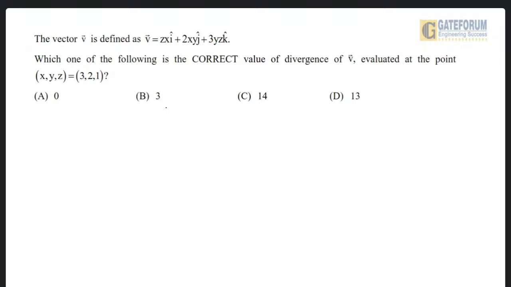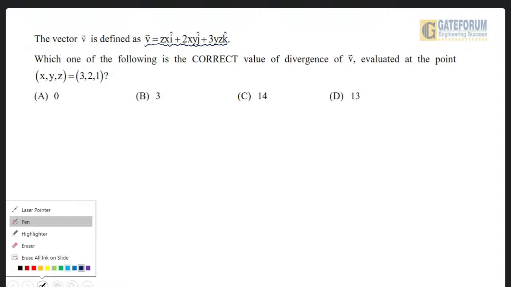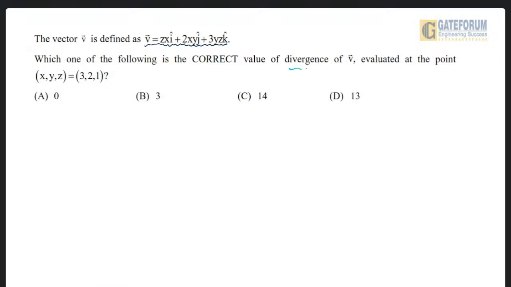Solution is, now this is the vector given. They're asking divergence of this vector at the point 3, 2, 1. These are the key points. So, solution.